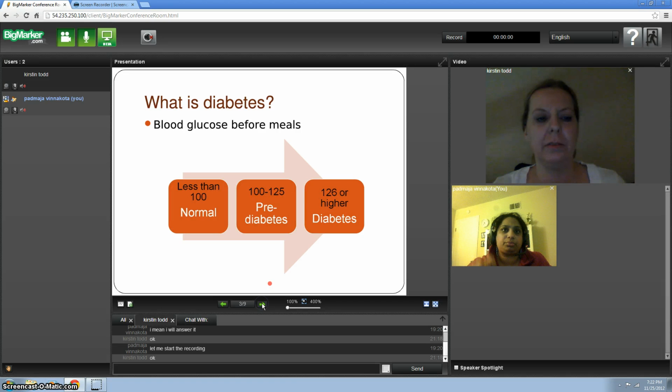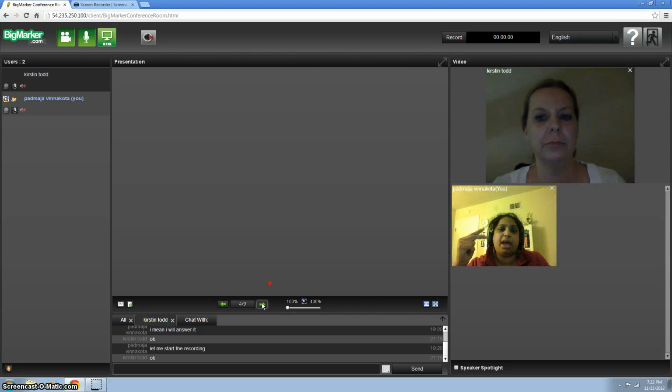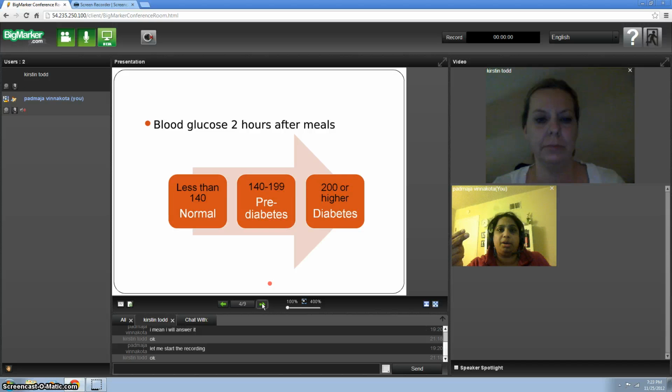Now, to get the proper diagnosis, a person is checked twice. One is before meals, and one is 2 hours after a major meal. Two hours after a major meal, for a normal person the blood glucose level should not be more than 140.